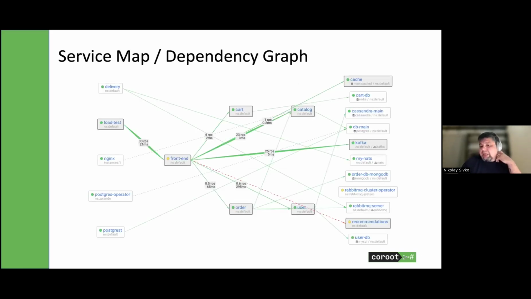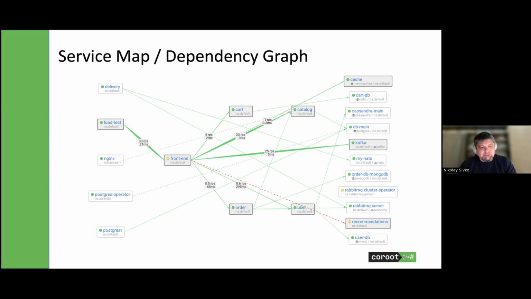So, the next big picture of our system is the service map. The service map shows us how services communicate with each other and allows us to see, for example, latency between any services, the number of errors, and so on.